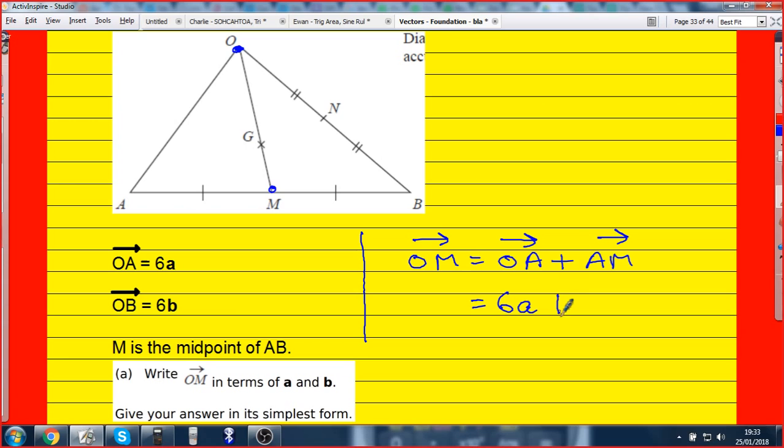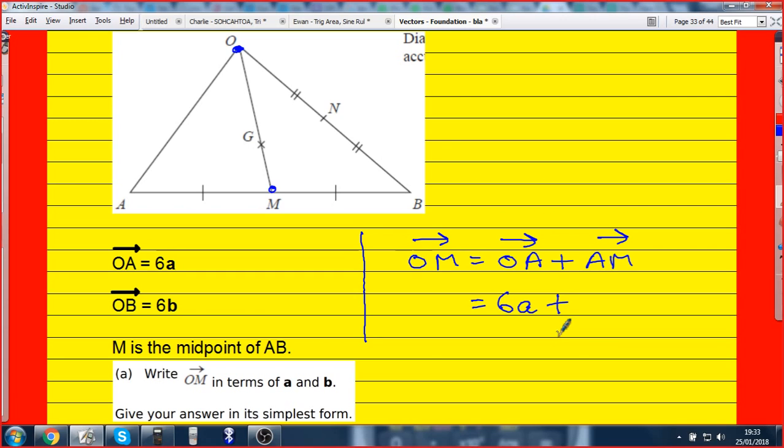Then AM is... What is M? What is that about? The midpoint. So it's the middle of it.